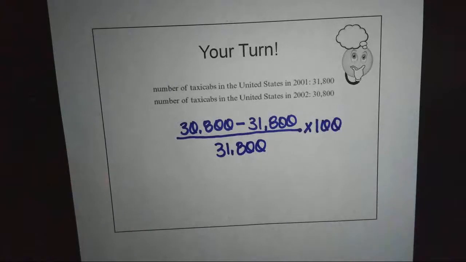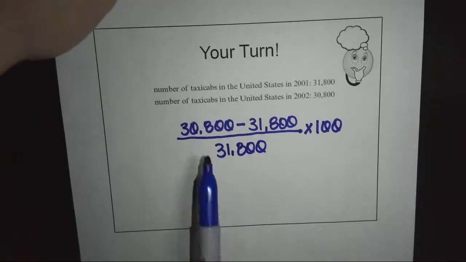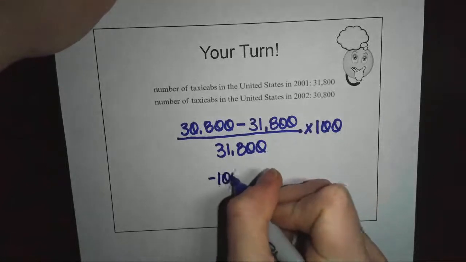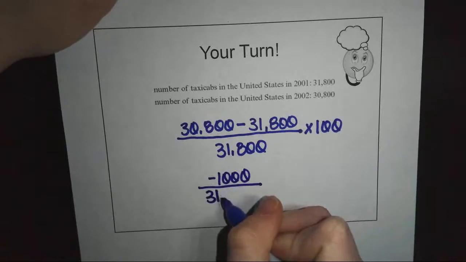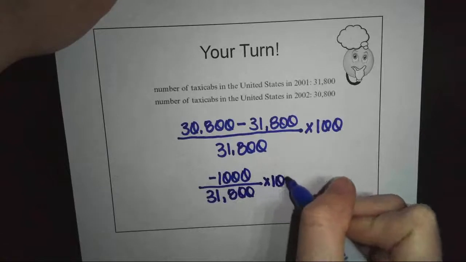Now, I'm going to go through the order of operations here. Remember that this division bar acts like a grouping symbol, so the first thing I need to do is subtract. 30,800 minus 31,800 is negative 1,000. And we're dividing it by 31,800 and then multiplying by 100.